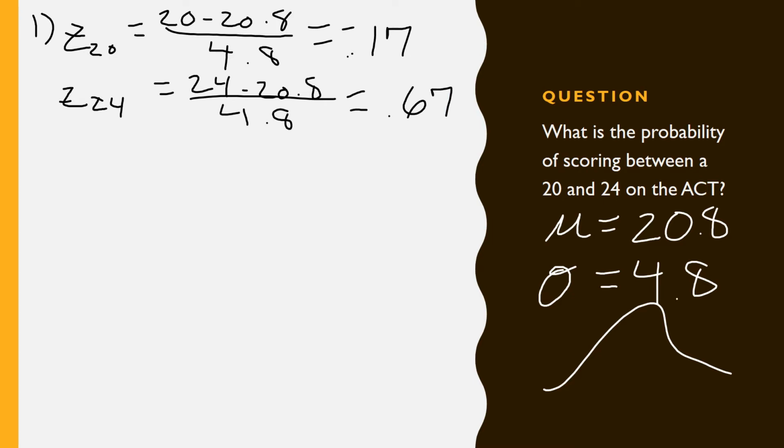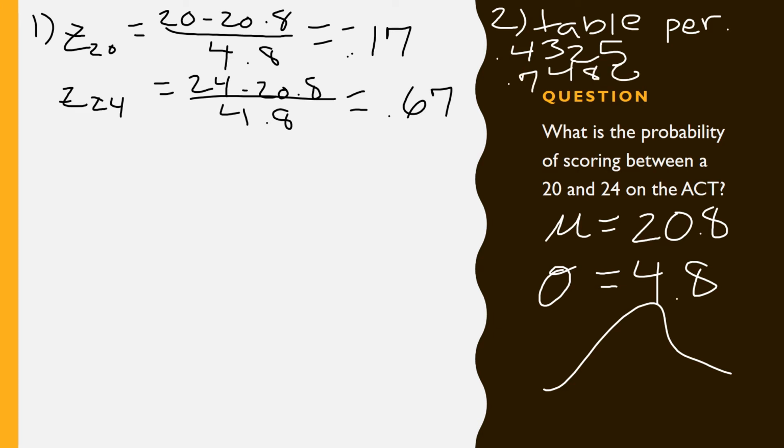And then our second step would be to go to the table and get our percentiles. And if you do that, you'll get a percentile of 0.4325 for the first one and a 0.7486 for the second one.